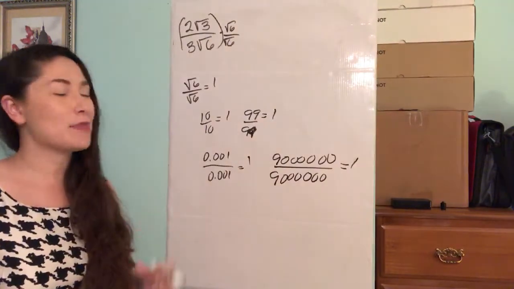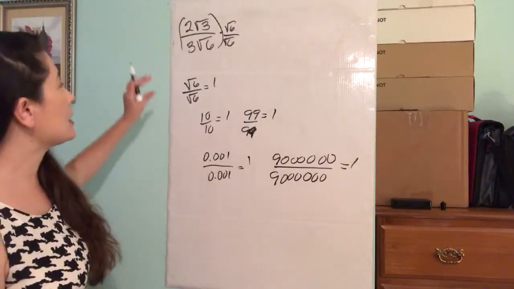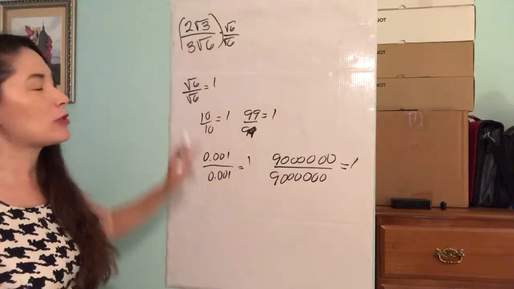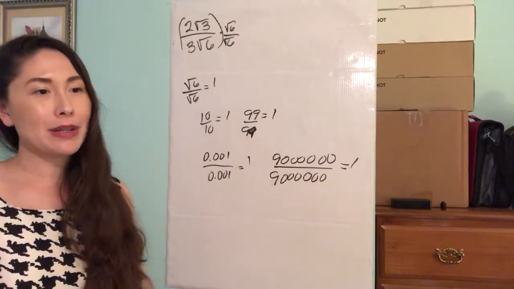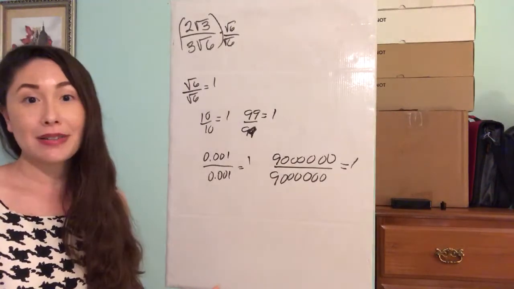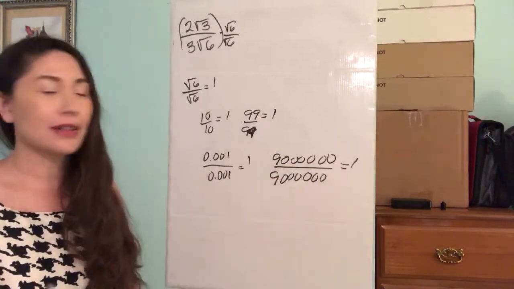Any number divided by itself is equal to 1. So all we're doing is taking this top expression and multiplying it by 1. And any number is implied to be multiplied by 1 anyways. So we're not doing anything special here.